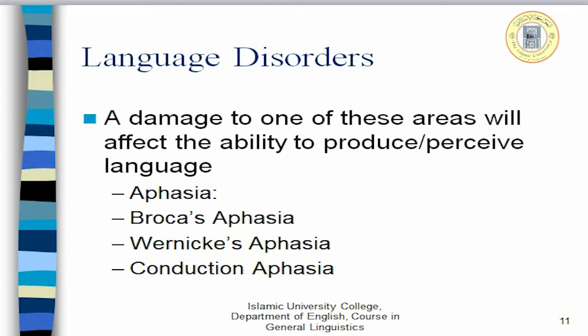Language disorder is a damage to one of these areas, to either Broca's area or Wernicke's area, which will affect the ability to produce or perceive language. This damage is always referred to as aphasia. So three types of aphasia can be studied in our lecture: Broca's aphasia, Wernicke's aphasia, and conduction aphasia.